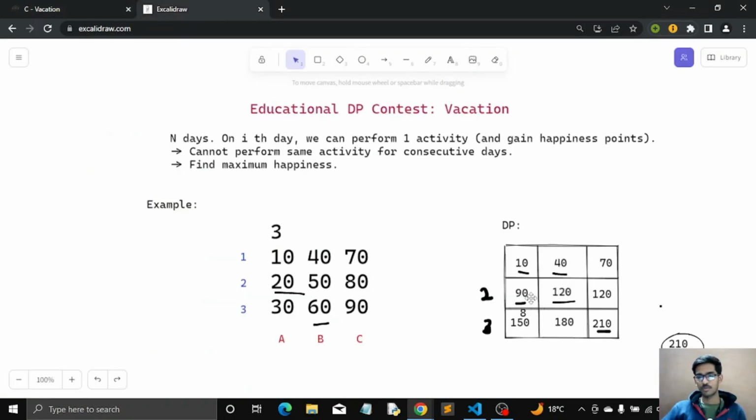So here what we were doing is, if on ith day I perform a particular activity, then I am going to consider the points associated with that activity on that particular day, plus the maximum of the remaining 2 activities, because we cannot perform the same activity for consecutive days. That's why maximum of the remaining 2 activities till the previous day.